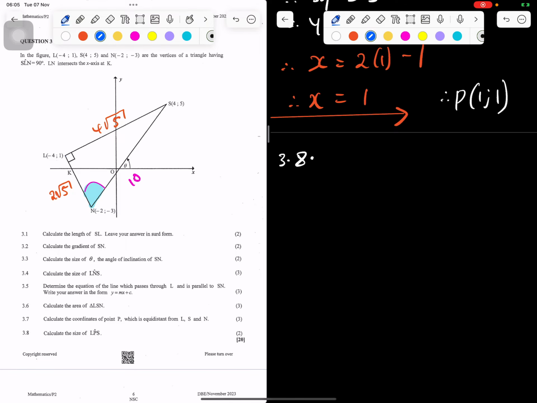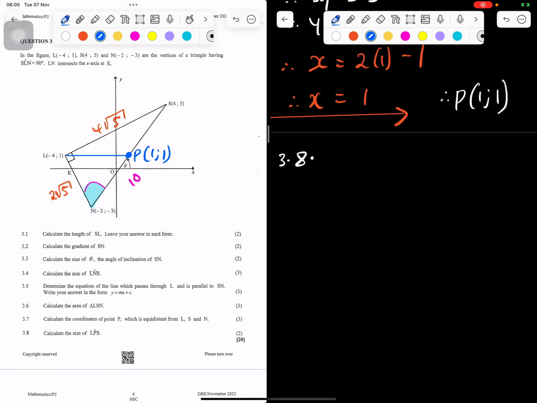So now if you draw a line to locate that point P, you'll see that from L, this point P here is parallel to the x-axis. Okay, that is parallel to the x-axis at that point there. So that is where P is. It is (1, 1).